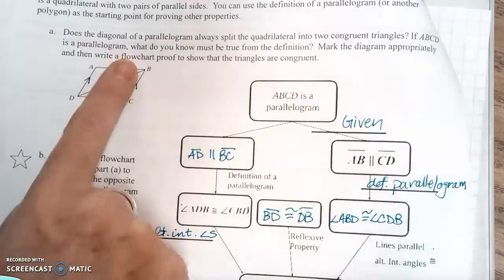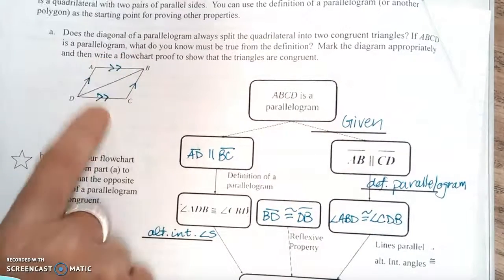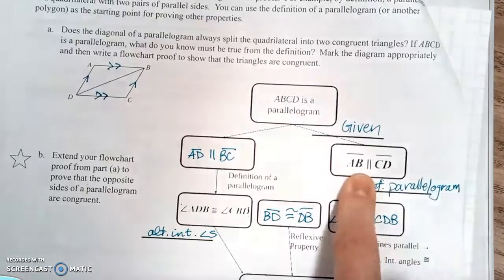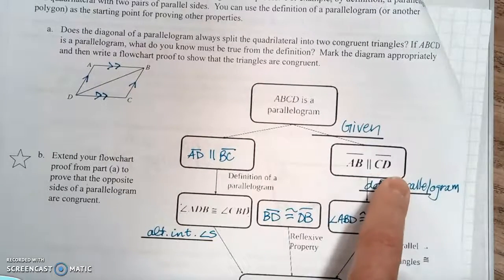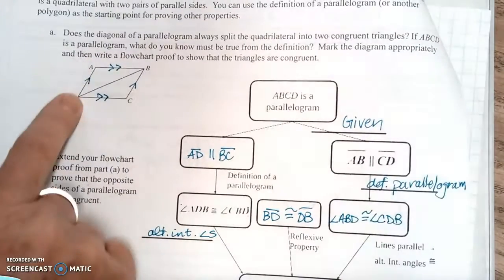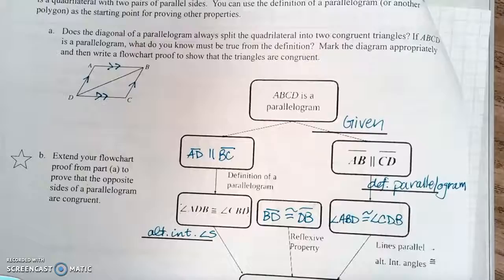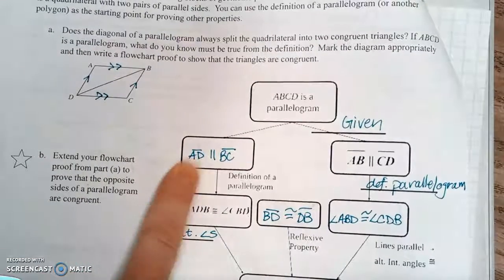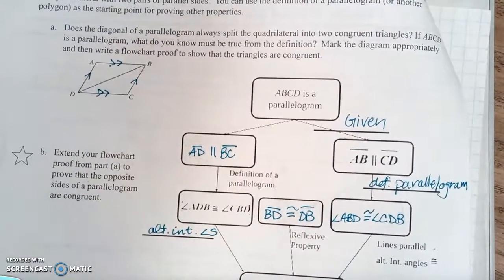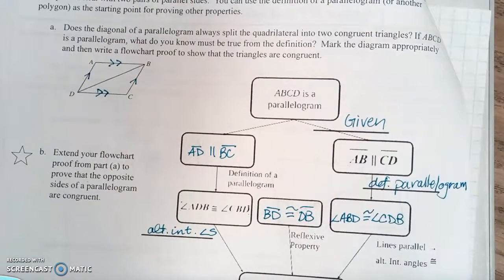So the top and the bottom are going to be parallel. That's AB is parallel to CD, and the left and the right are going to be parallel. So that one's AD and BC. This is by what we call definition, because the definition of a parallelogram is just that its opposite sides are parallel, hence the word parallelogram. It has parallel right in it.